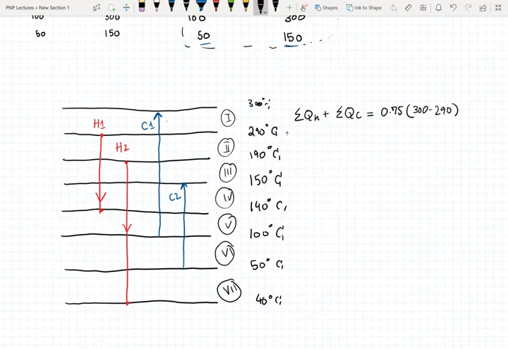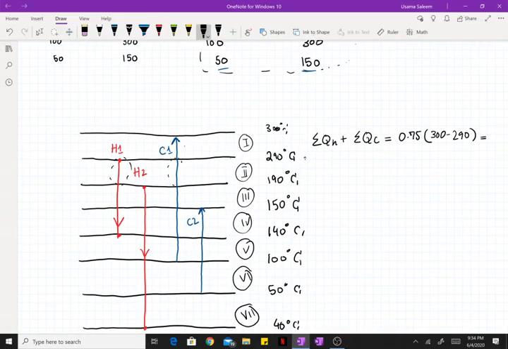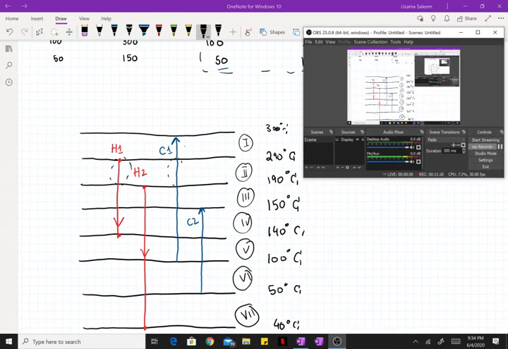This is energy gained by the cold stream, so this is going to be positive. And as you'll see, in intervals where you encounter multiple streams, we're going to add and subtract the heat capacities depending on whether the stream is gaining energy or losing energy. So we'll cover the rest of this problem in the next video.